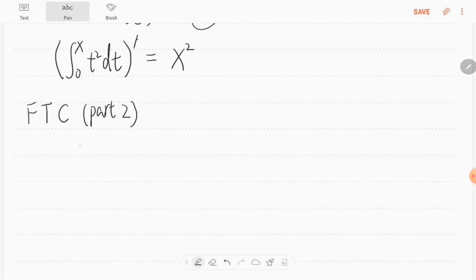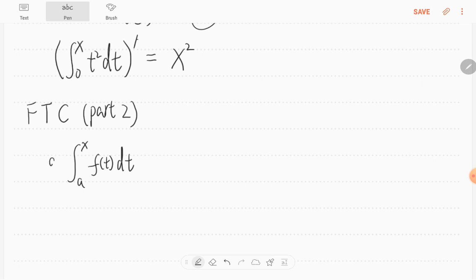It says if you have the integral from a to x of f of t dt, I will not write f of x dx because here we use x, here we must use a different letter t. This one, you can imagine at last, would be a function of x, right?